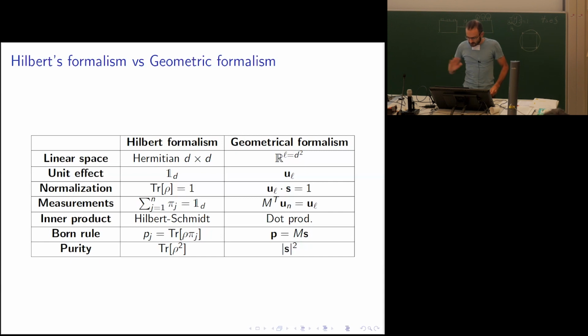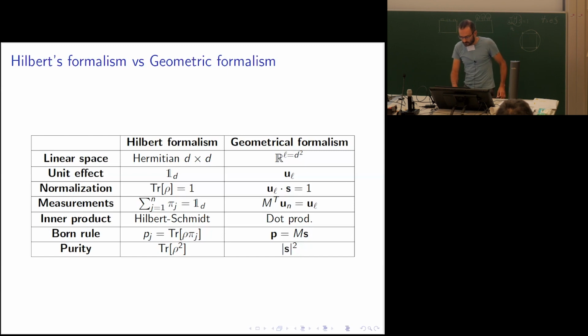Okay, and why do I use this formalism? Well, I don't need positivity. Like I said, my measurements are actually quasi-measurements, so they lead to probabilities that sum up to 1, but not necessarily positive. So I don't need the feature that comes easy with the Hilbert space formalism. I will need other features that are very natural in the geometrical formalism. That's why.